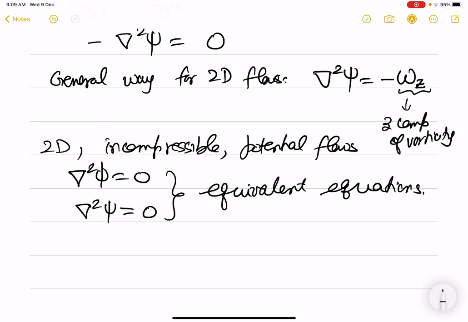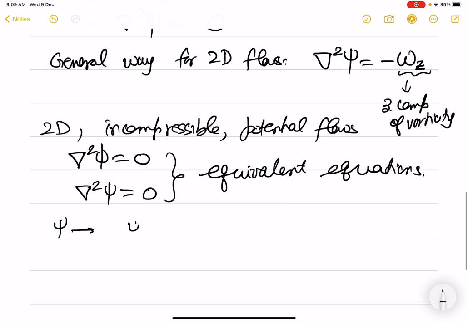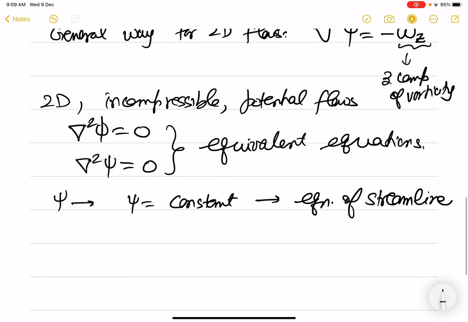Now what is the big advantage, or why do we write it in terms of psi? What we have seen is that when you say psi is equal to constant, this gives us the equation of streamline. So therefore solving for psi makes it slightly better in terms of flow visualization.